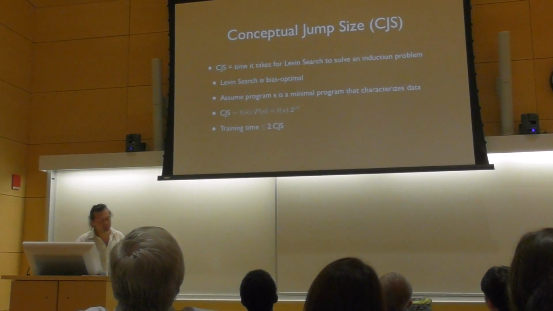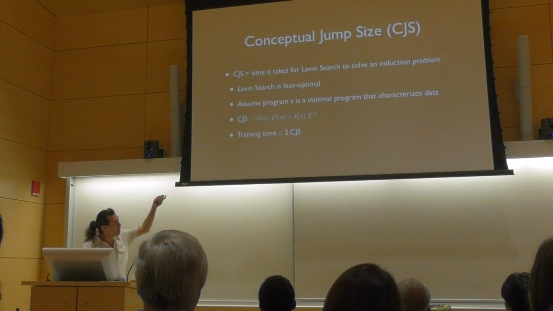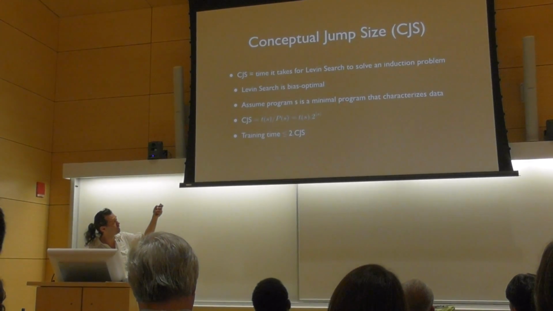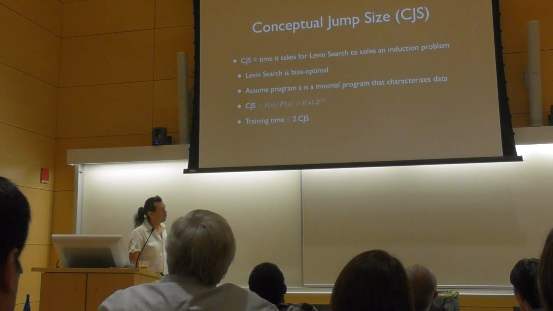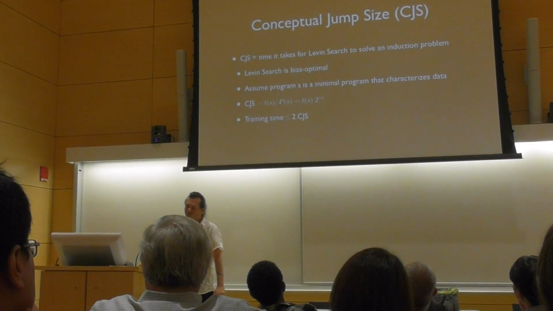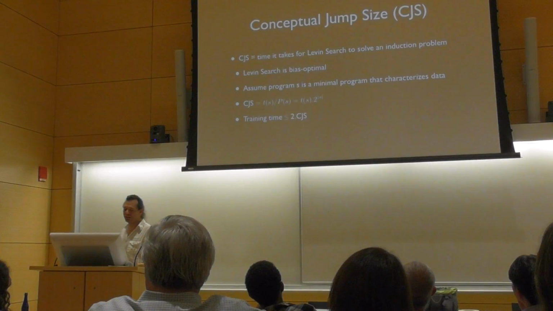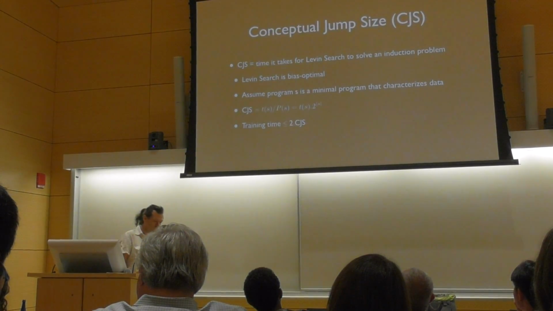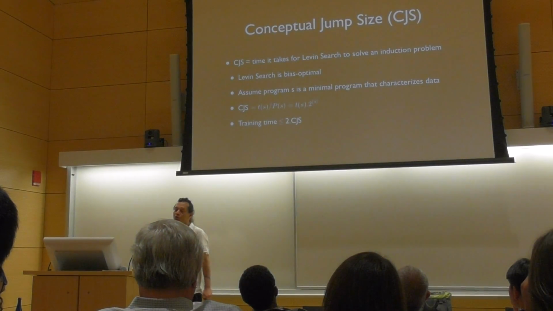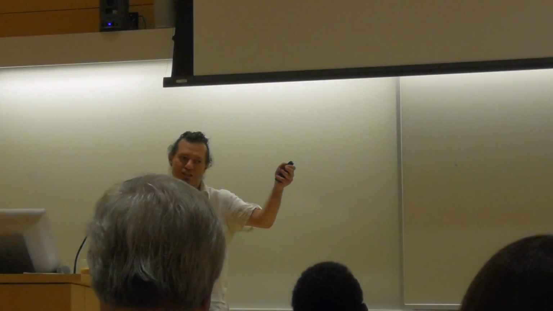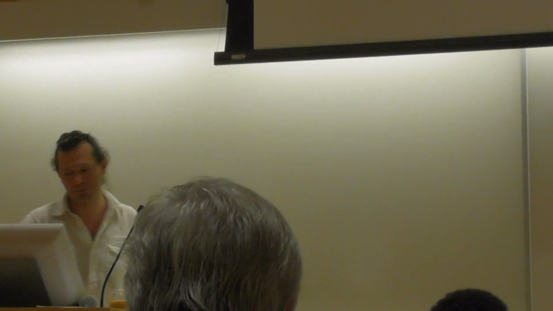Why is this number important? Because training time is always smaller than or equal to 2 times conceptual jump size, and if you use complete Levin search, it's usually going to be between CJS and 2 times CJS. So that's something you can see in experiments.